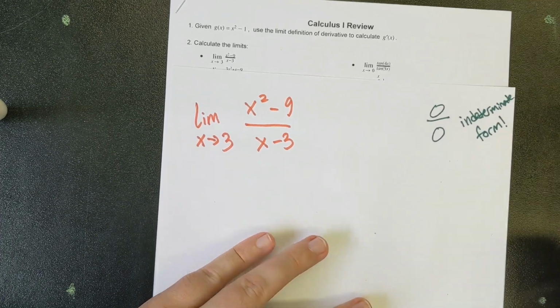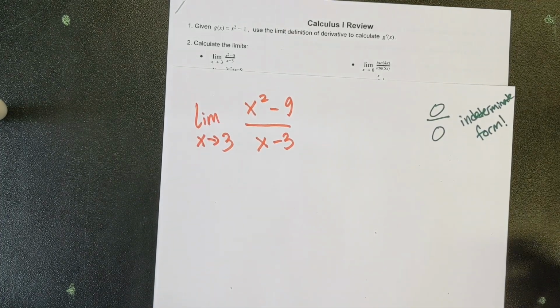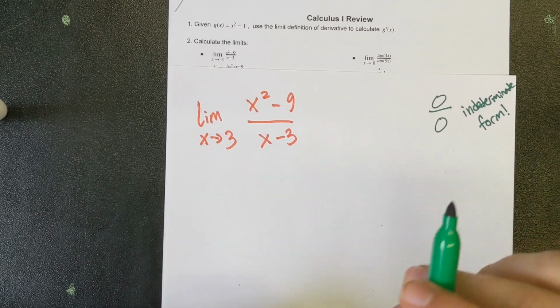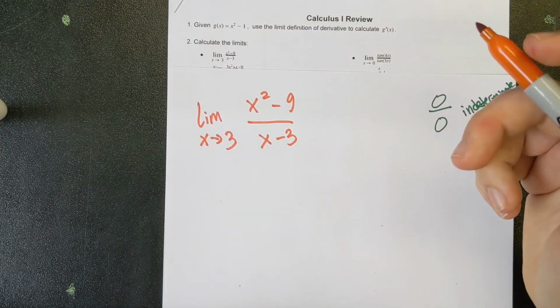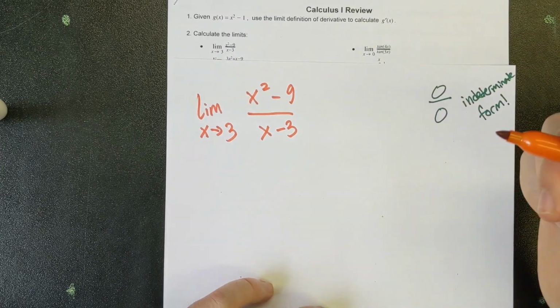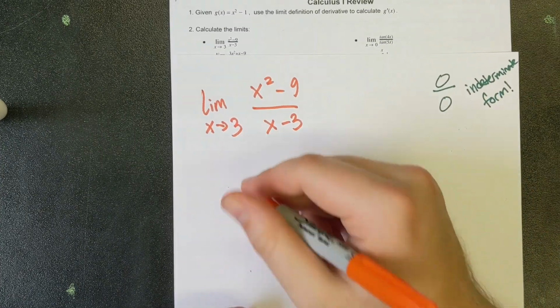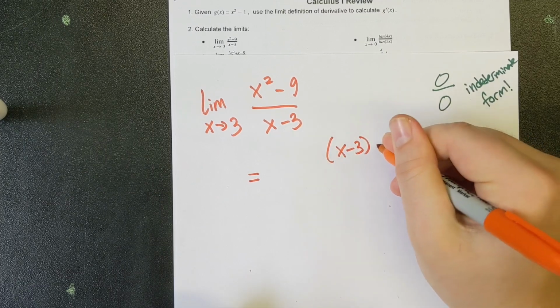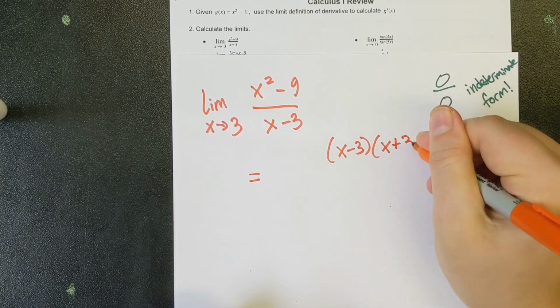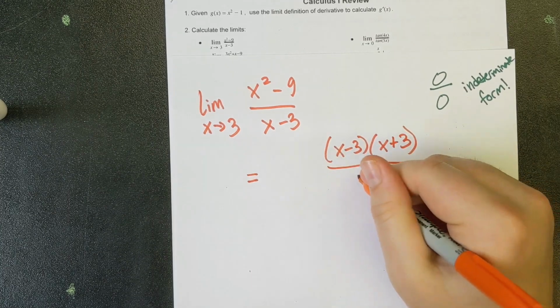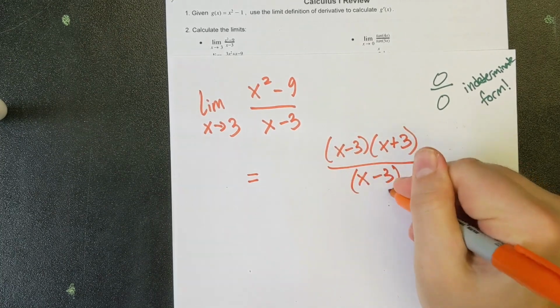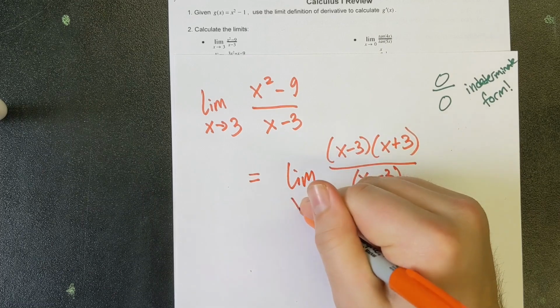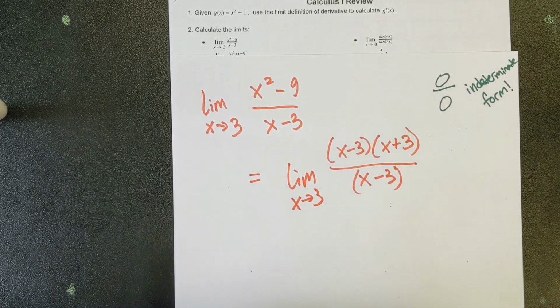So what we need to do is some kind of algebra, right? And so one trick that you might try is, can we factor anything? Sure enough, the top factors, x squared minus 9 is the same as x minus 3 times x plus 3, all over the bottom, which is x minus 3, taking the limit as x goes to 3.